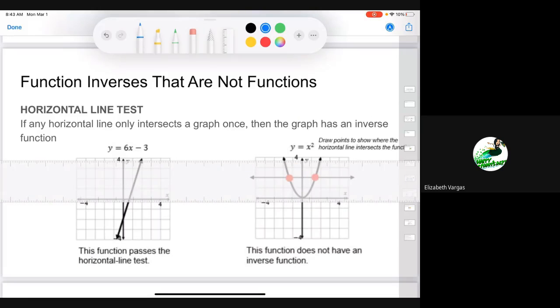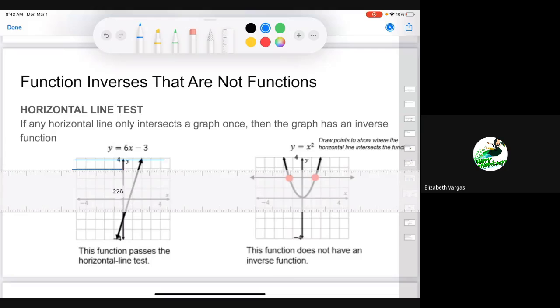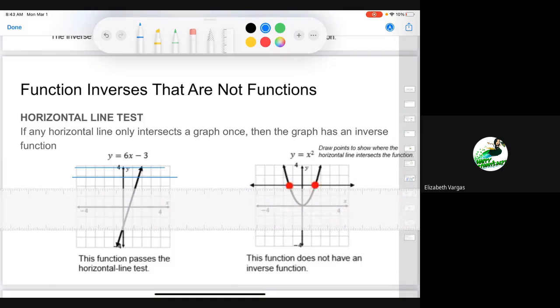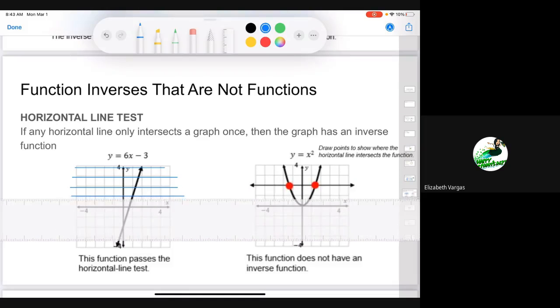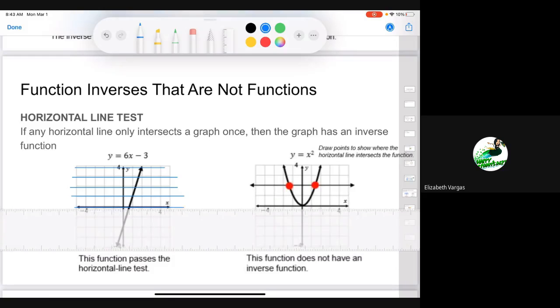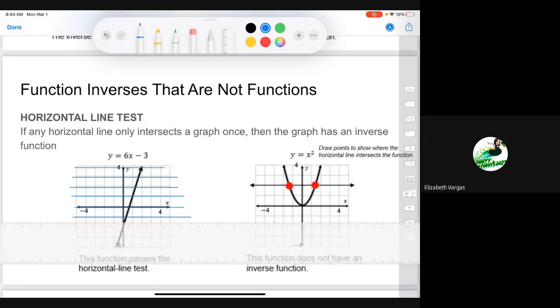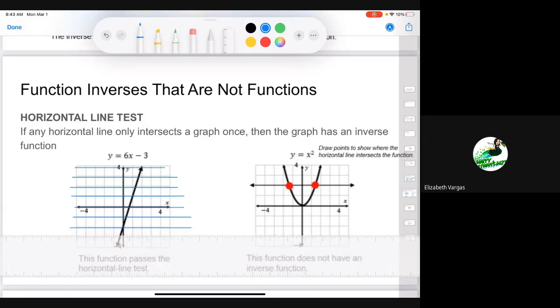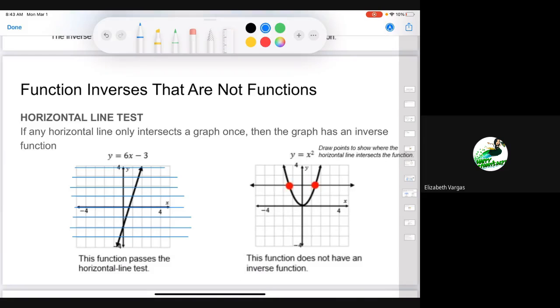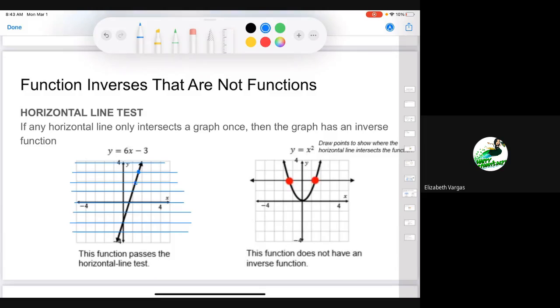So what you'll do is you'll draw horizontal lines. And if it passes the horizontal line test, then that means that that function will have an inverse. So we can see here that this one passes the horizontal line test. Well, if it passes the horizontal line test, then we can get an inverse out of it.